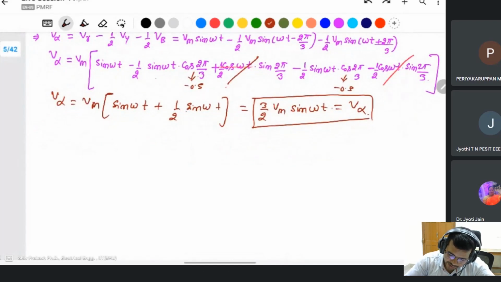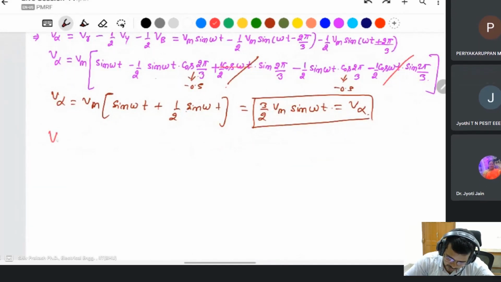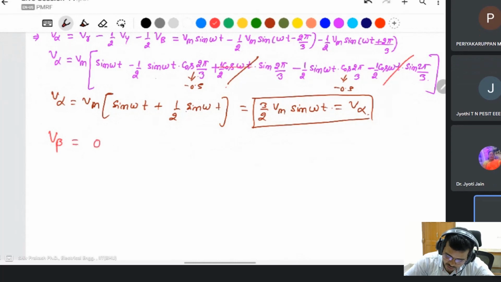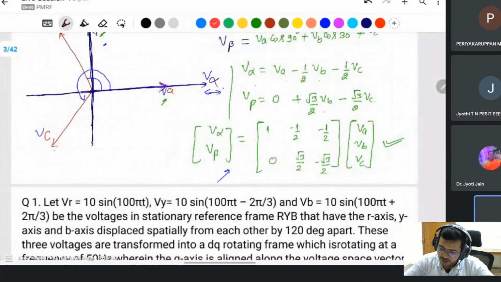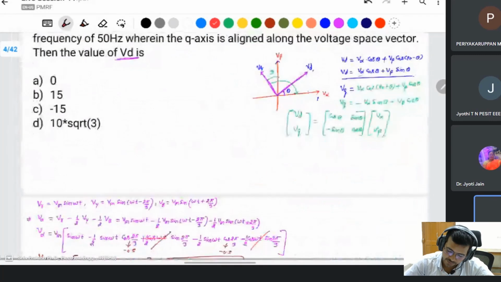And what is V beta? V beta is 0 plus root 3 by 2 Vy minus root 3 by 2 Vb. This is the expression I already calculated here: plus root 3 by 2 Vb minus root 3 by 2 Vc.